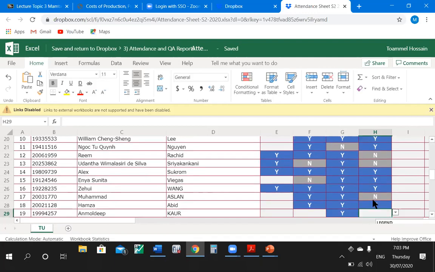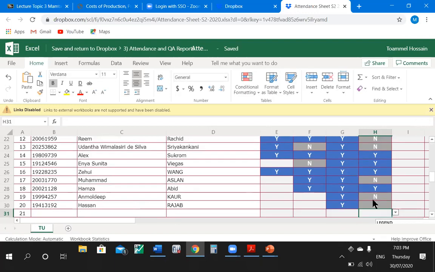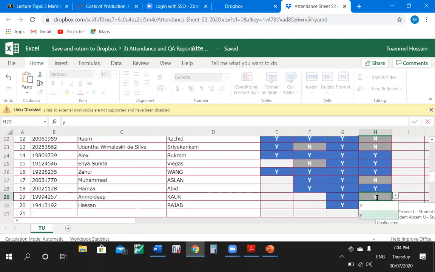Rajab Hassan is here. Anmol Kaur was present. Anybody else?